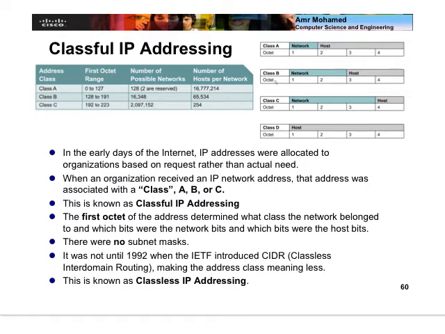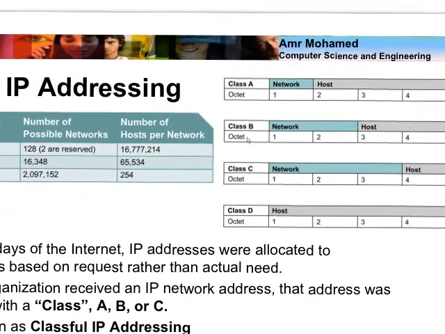So basically, what we need to do is to focus on the leftmost octet. So if that octet is in a specific range, then we know that this is class A. And based on the class, we can right away figure out what the subnet mask is.